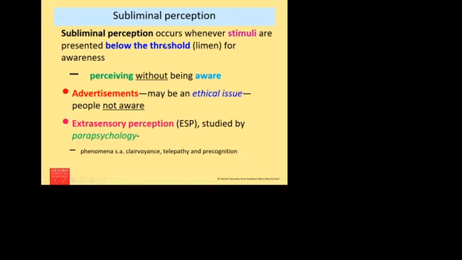They may use subliminal perception, where people see but are not aware of it. Subliminal perception has also been studied by parapsychology, in phenomena such as telepathy, precognition, clairvoyance, and so on.